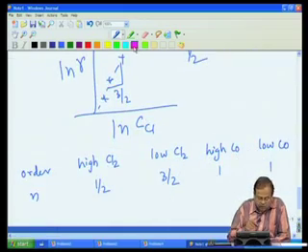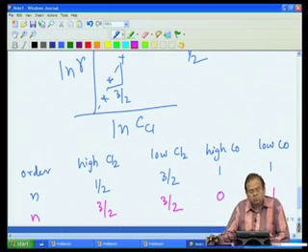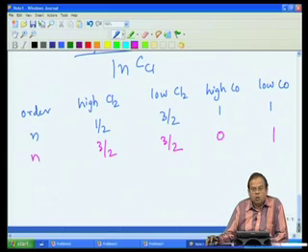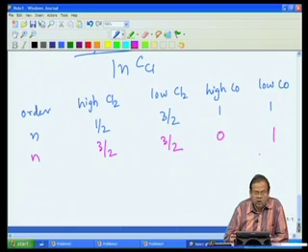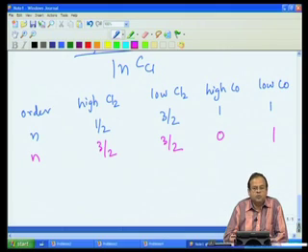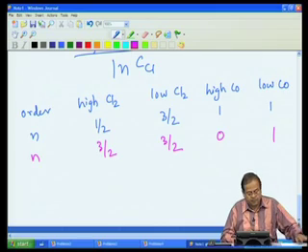If our experimental data follows this pattern as shown by the violet color, then we will say that our second reaction mechanism is correct. So, this is how we can distinguish between the two kinds of mechanisms by designing appropriate experiments.